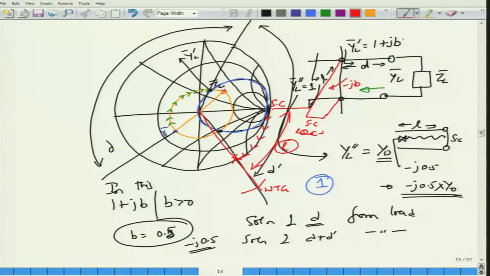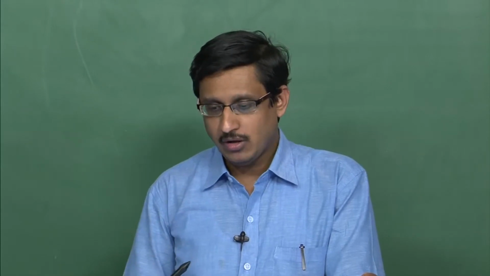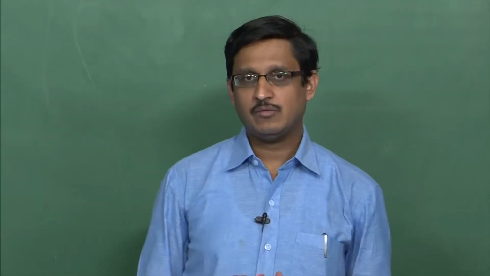So that once you have found the length as well as the distance at which the stub is to be placed, in this example we considered the stub to be short circuited, but you could consider an open circuited stub, in which case you will actually start on this side and then move towards the generator, okay, right. So that is what you would do, and when you do that you will end up with the solution which is correct for the open circuited stub, okay. So depending on what kind of a stub that you employ, you can obtain the appropriate length of the stub which will allow you to add the required amount of susceptance, okay.